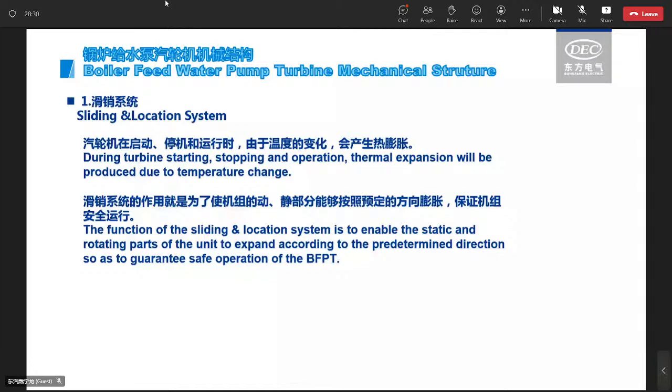There is a vertical locating key between the casing and the base at the rear casing end, symmetric to the turbine center line, which guarantees the central position is unchanged when the unit expands.